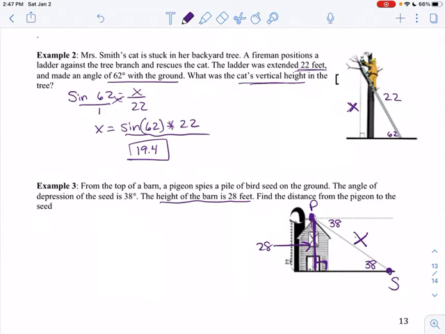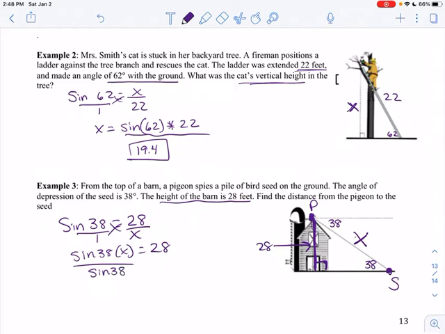All right, so I know my opposite is 28, and the hypotenuse is x. So opposite and hypotenuse, I'm going to use sine. Sine, the angle comes next, of 38, equals opposite, which is 28, over hypotenuse, which is x. I'm going to put a 1 under here. Cross multiply, and I get sine of 38 times x equals 1 times 28 is 28. I'm trying to solve for x. Now, x is not the angle. I have the angle, so I don't need to use that inverse.